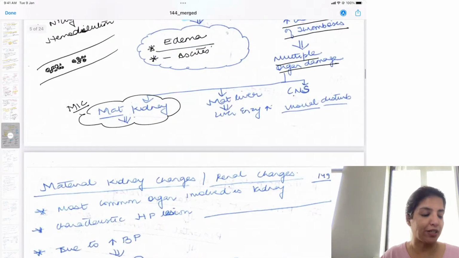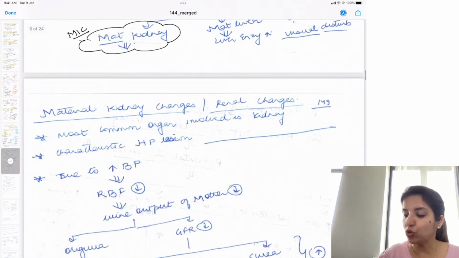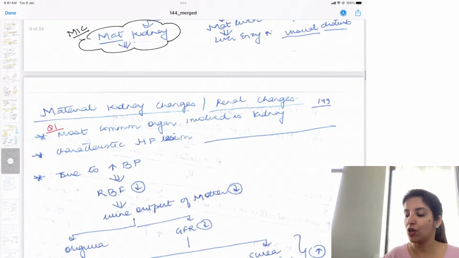So as I was telling you, the most common organ which is involved is maternal kidney. So many questions are asked on renal changes which happen in PIH. The first question they ask you is the most common organ which is involved in the mother due to PIH.